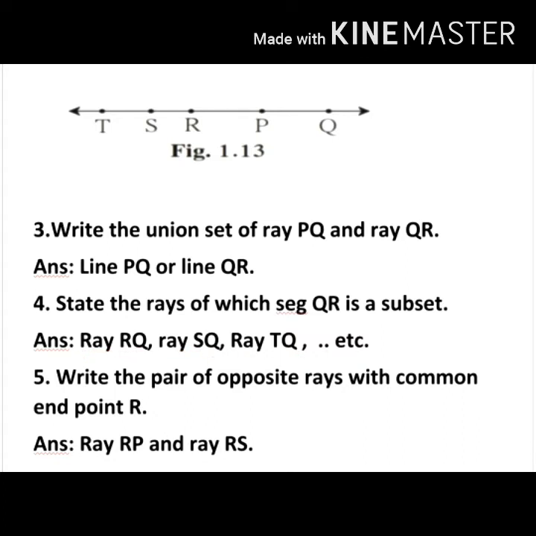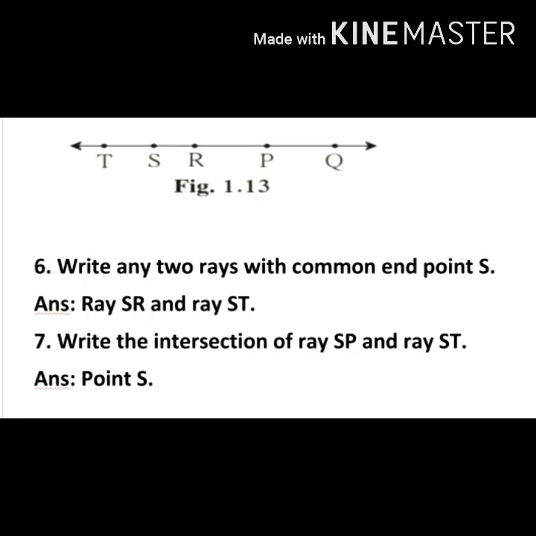Question 5. Write the pair of opposite rays with common end point R. Dear student, R is the common end point of the opposite rays RP and RS. So the answer is ray RP and ray RS are the opposite rays with the common end point R. 6.